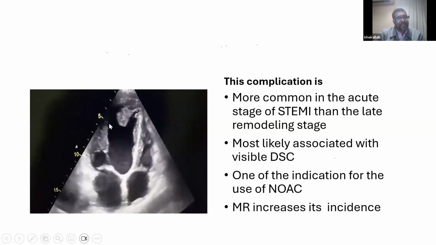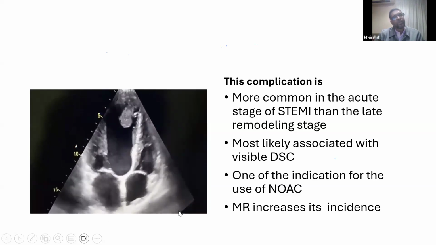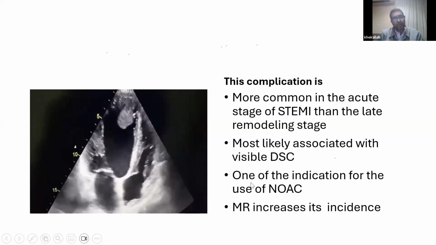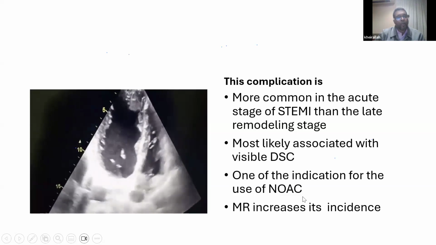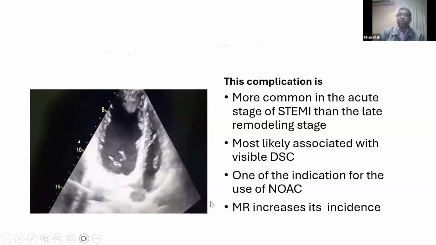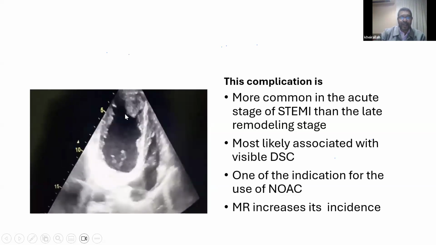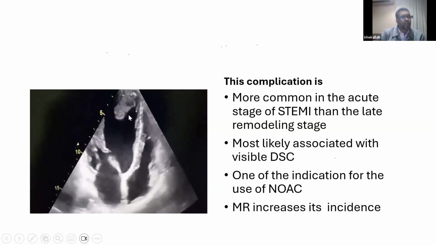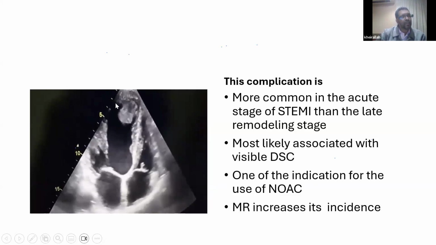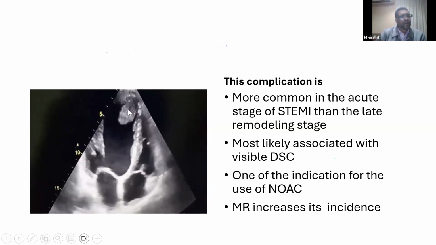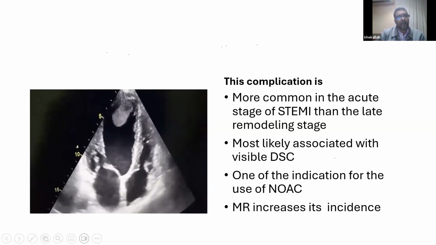Okay? So the incidence is lower if we have moderate to severe MR. Okay? And of course, NOAC can be used, but it's off-label use. Yeah? Here, it's warfarin, not NOAC, though we are starting to use it with great efficacy with LV apical thrombi.